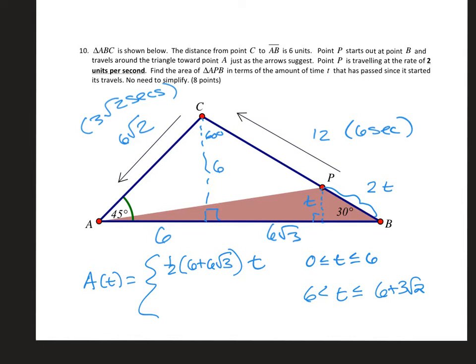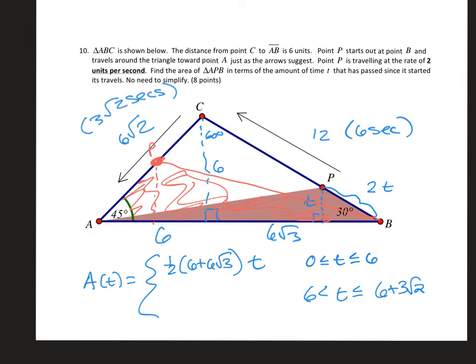Well, things change when we now move to going from C to A. So let's try to see what this area is going to look like. So we're going to have this type of triangle. Here's my point P now, and I'm looking for this area here.